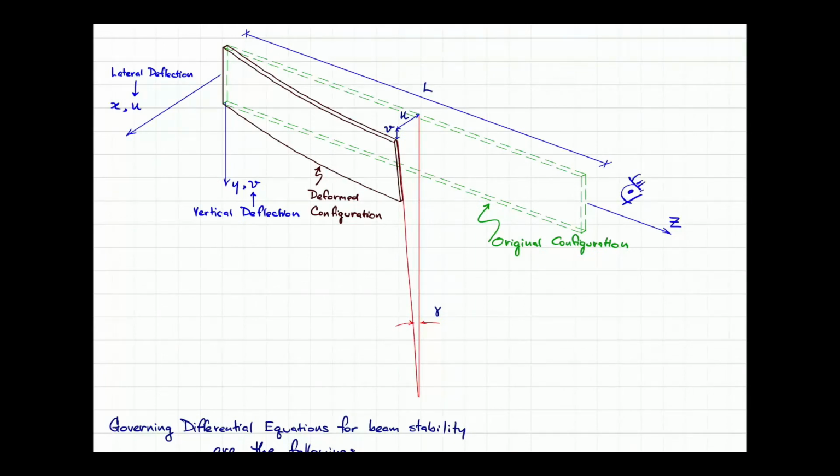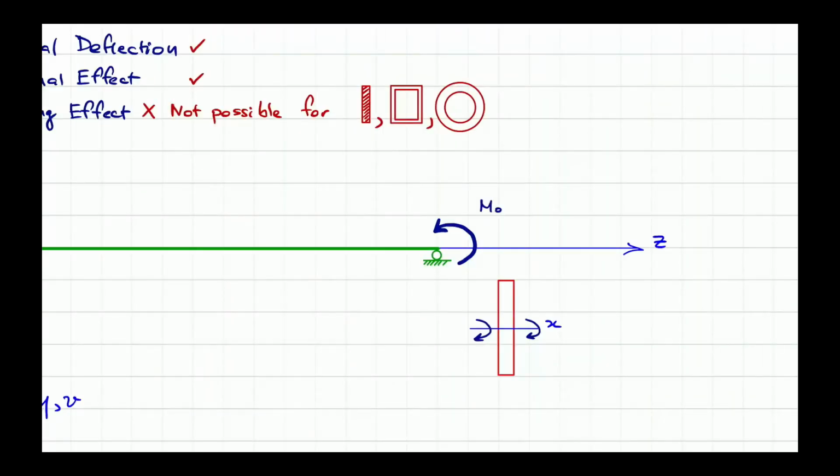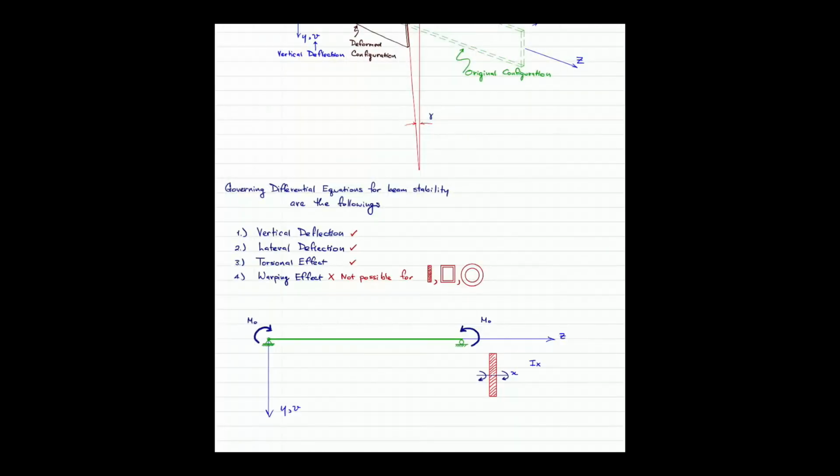This is a very good look at the cross section of the beam, and I will see that the x is this line. So you can define this second area moment of inertia by Ix, and this Ix will control the deflection which is going along the y direction.